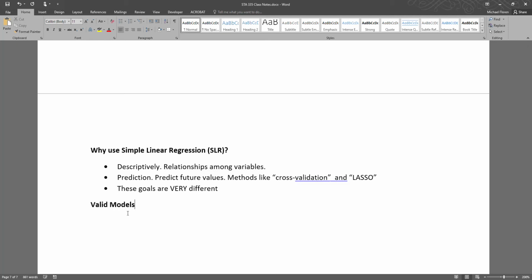Now, all of this work depends on having valid statistical models. So first, we should talk about what is a statistical model. A statistical model allows us to assess data that are too complex for us to understand.